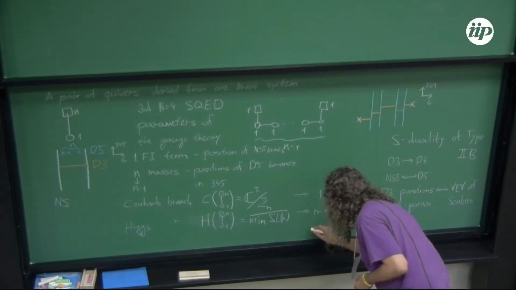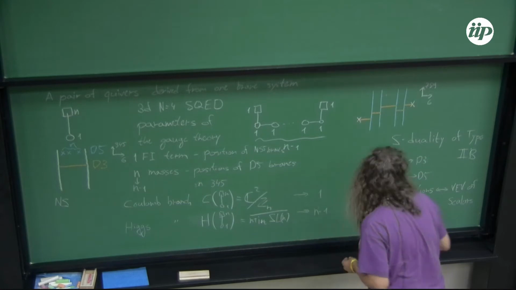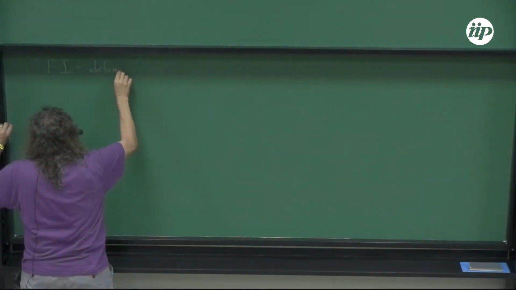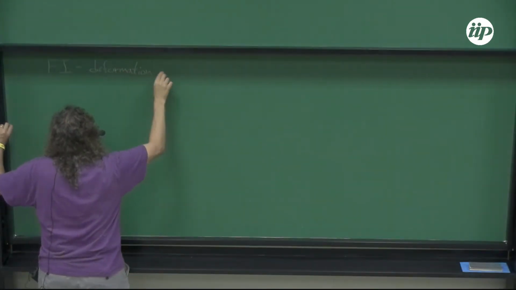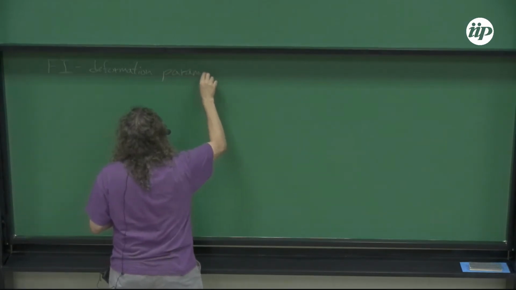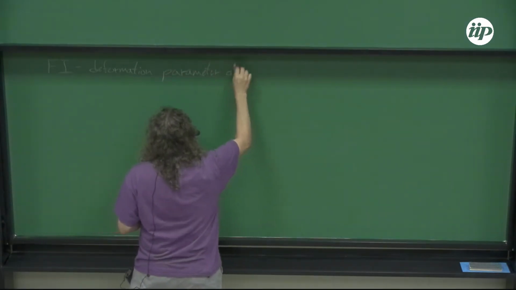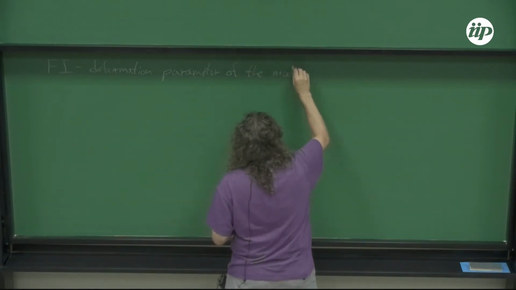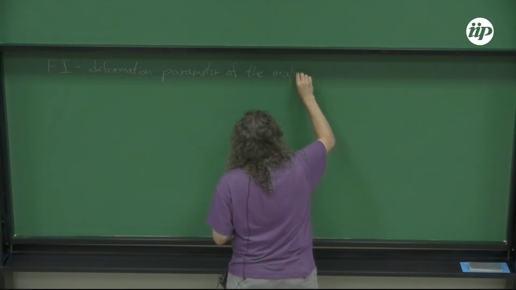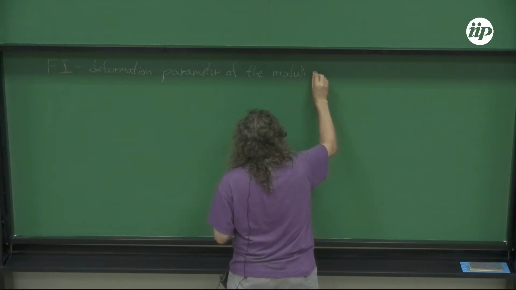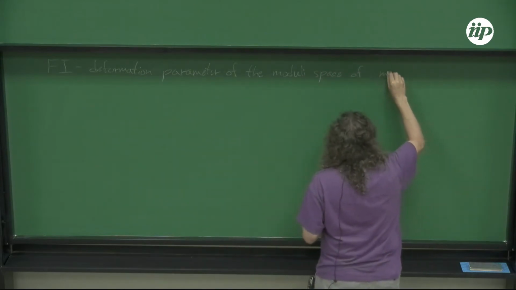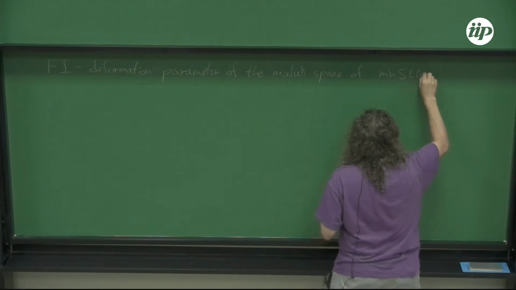So in geometry, the Fayet-Iliopoulos term is the deformation parameter of the moduli space of the minimal SL(N) orbit.